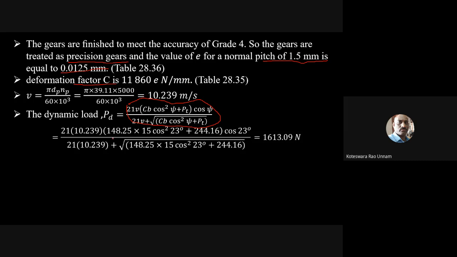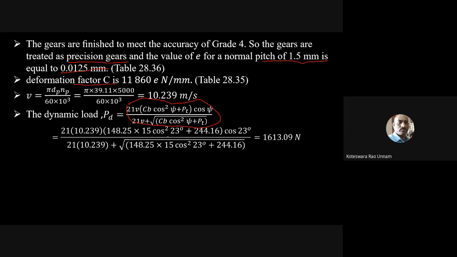You just calculated that, and then C into E. So C is nothing but C into 11,860 E. If I substitute E as 0.0125 here, I get C as 148.25. Then B is 15 mm: module is 10 times the normal module, the normal module is 1.5 mm, so 10 times that is 15.